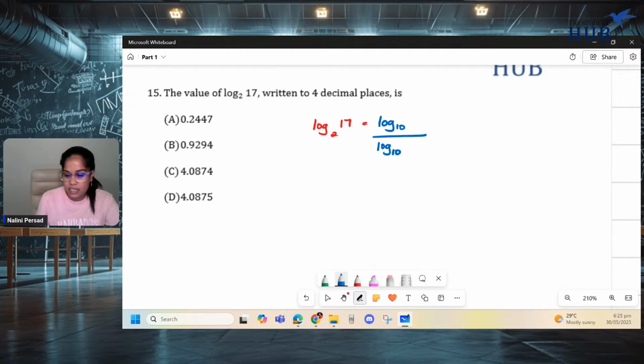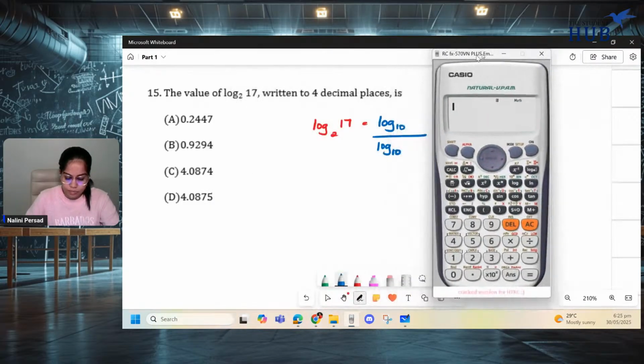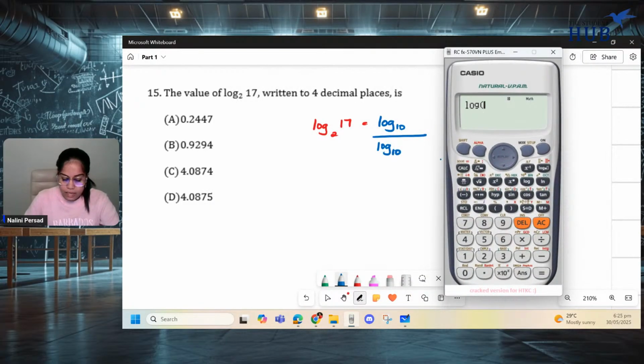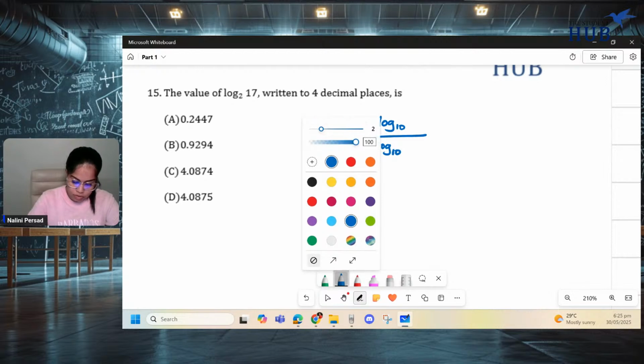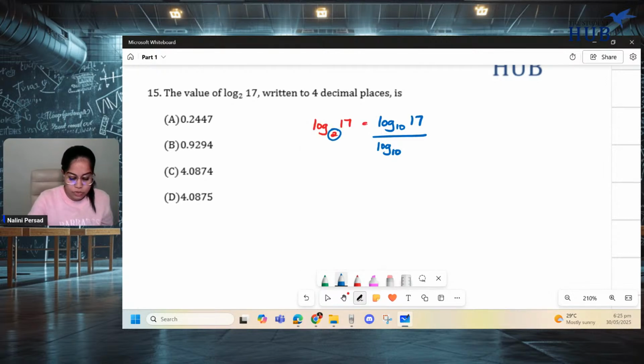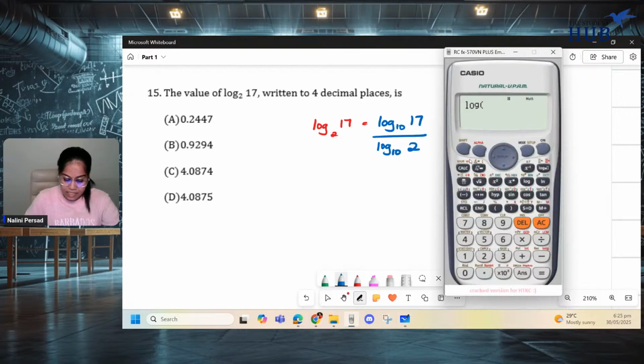In your calculator, it's understood to be 10. This 17 has to go here, and this 2 has to go here. That's how I learned the formula. The 17 has to go here, the 2 has to go there for your new base 10. So you can just type this into your calculator now.